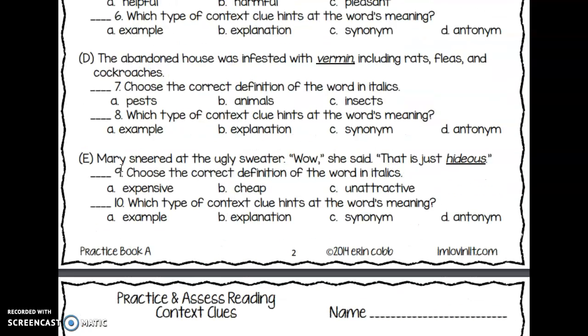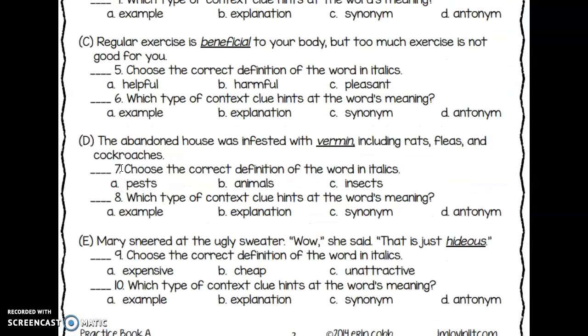We're going to do one more together. Number 7. The abandoned house was infested with vermin, including rats, fleas, and cockroaches. So here we are given a list of examples. So we know that this type of context clue is examples.